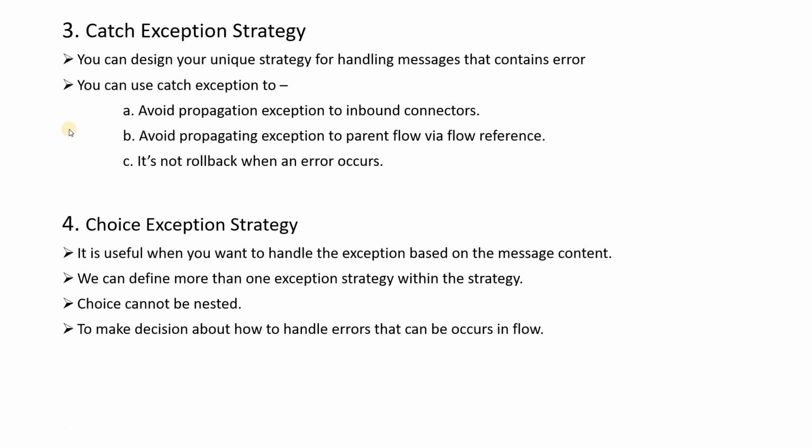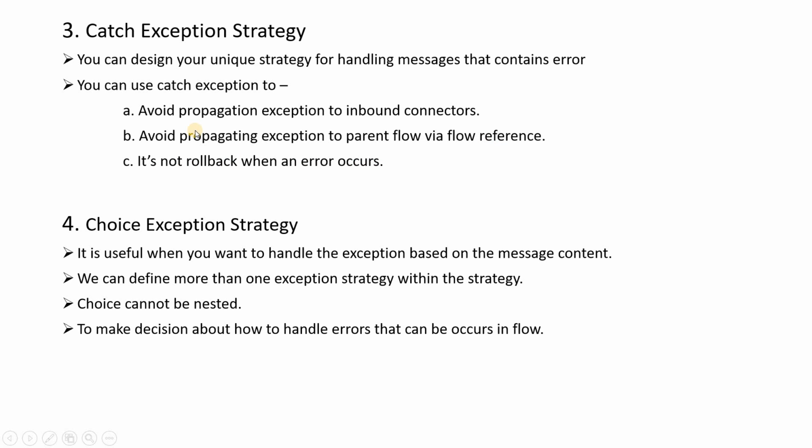Let's come to the third exception strategy, which is the catch exception strategy. In this you can design your unique strategy for handling messages that contain errors. You can use catch exception to avoid propagating the exception to inbound connectors, and to avoid propagating the exception to the parent flow via flow reference, and it does not roll back when an error occurs.